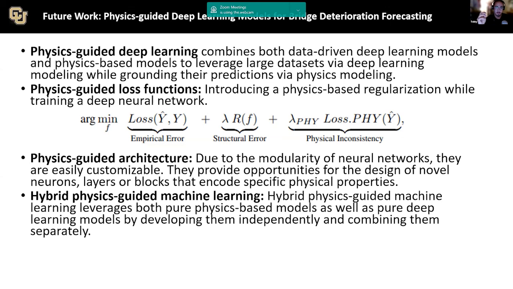In some cases, purely data-driven models have a tendency to output predictions that are not consistent with actual physics or laws of physics. So this is another direction that we want to take moving forward that we've actually begun.